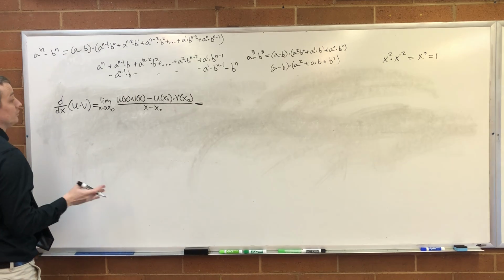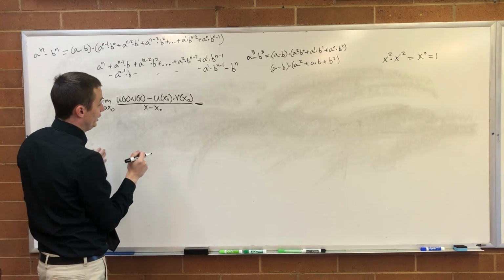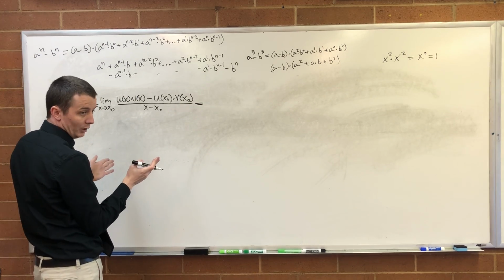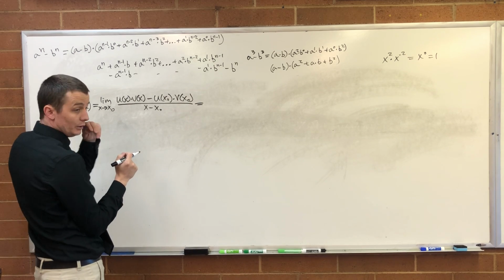So, what can we always do to our expression? We can either add 0 or multiply by 1. I'm going to add 0 to the numerator.